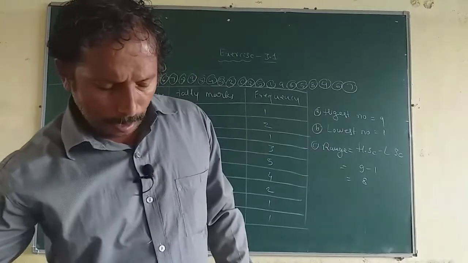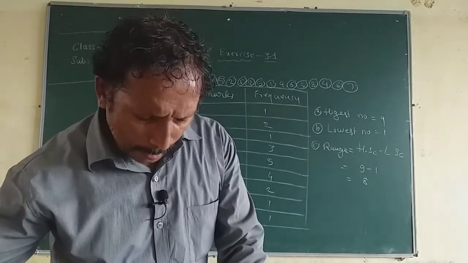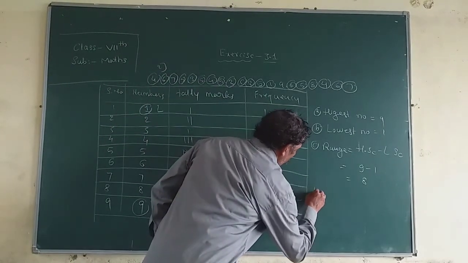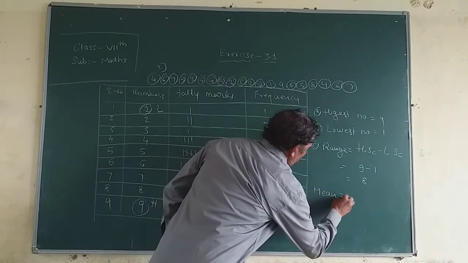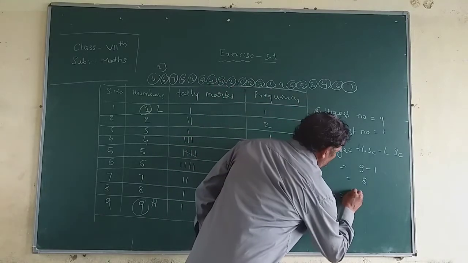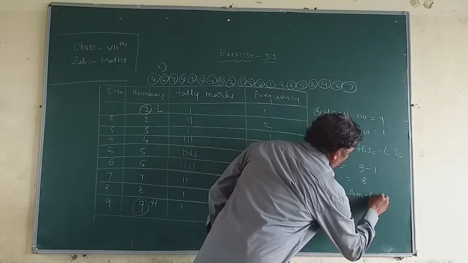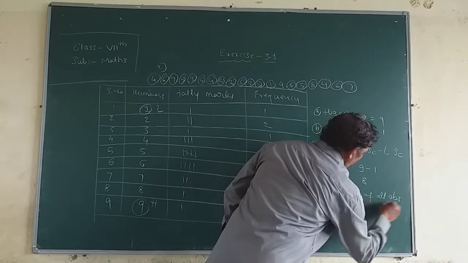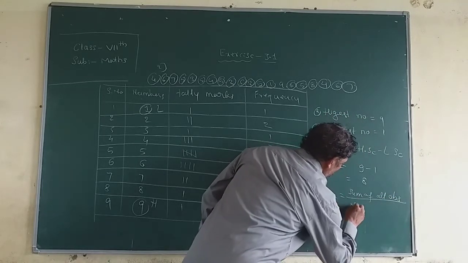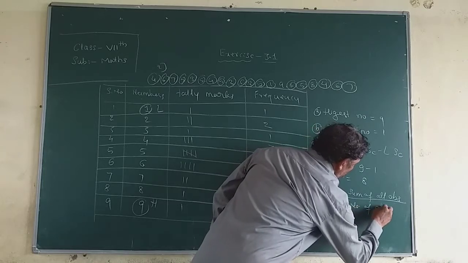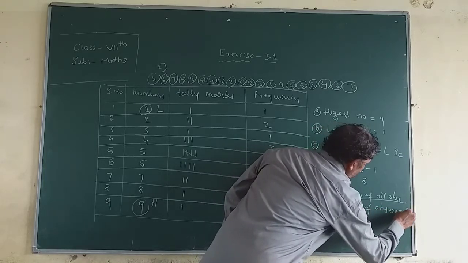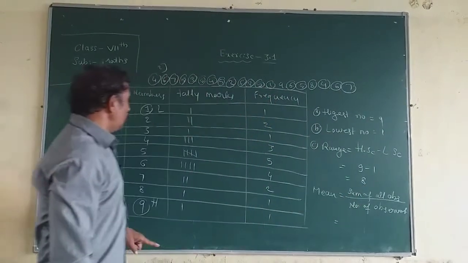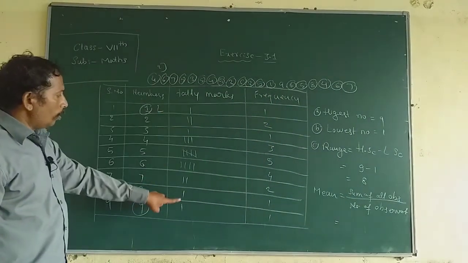Then last one, find the arithmetic mean. Arithmetic mean or mean. Mean equals sum of all observations divided by number of observations.